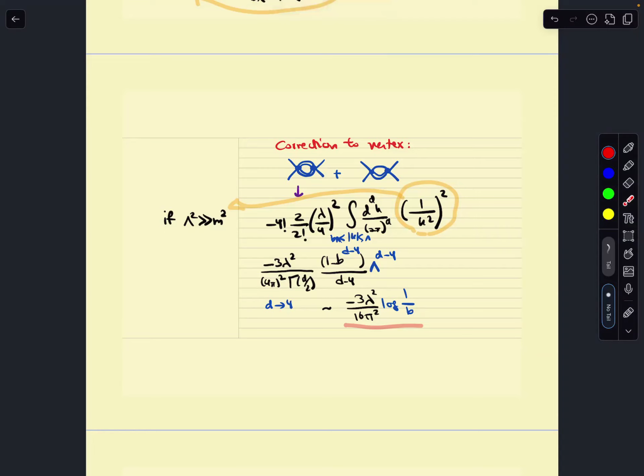In principle, in the initial action, there were no such terms, right? But as you lower the cutoff, these terms are just generically generated. As a matter of fact, by a simple argument, you could see that any term that's allowed by the symmetries will be generated.